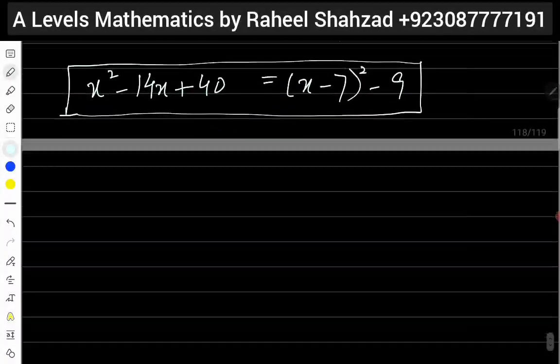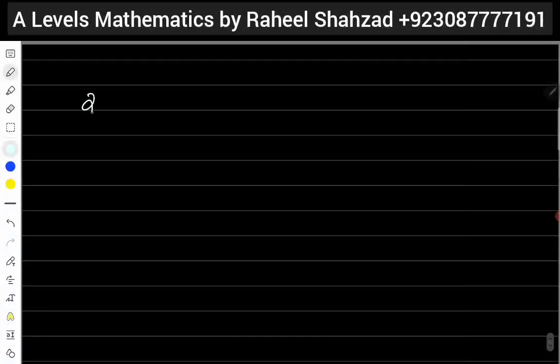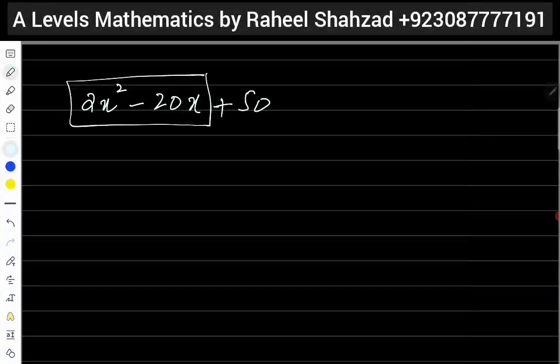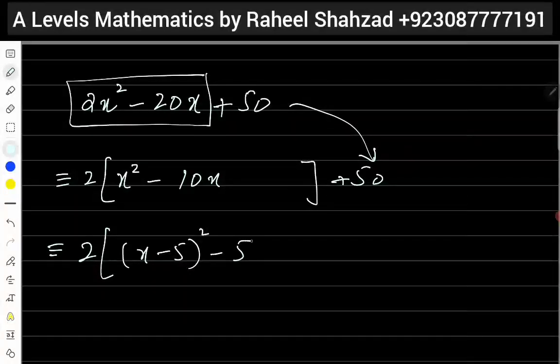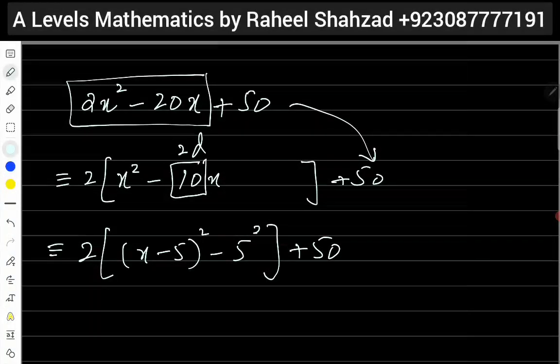Okay, what if we have some multiples? For example, if it is 2x square, maybe minus 20x plus 50. Okay, so what you can do from this is you can take 2 common, that makes it x square minus 10x, and this 50 will be coming along, right? This is going to be 2. Now x square minus 10x is basically x minus 5 square minus 5 square plus 50, because this is 2d, okay, and we have x minus d whole square.